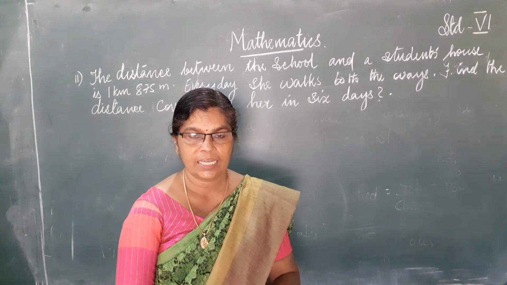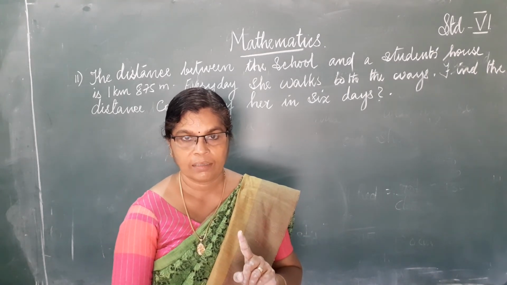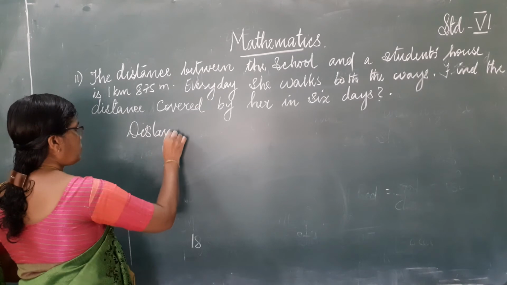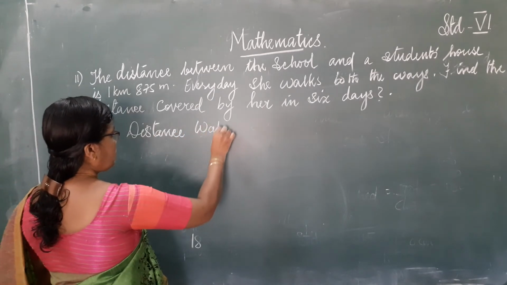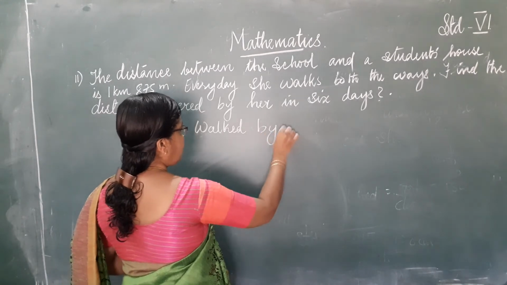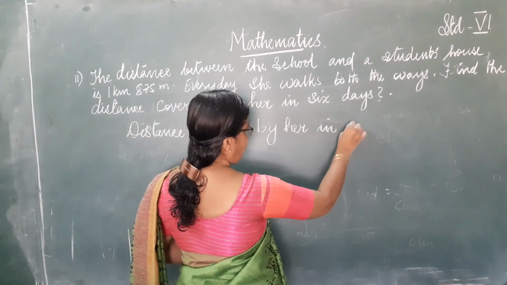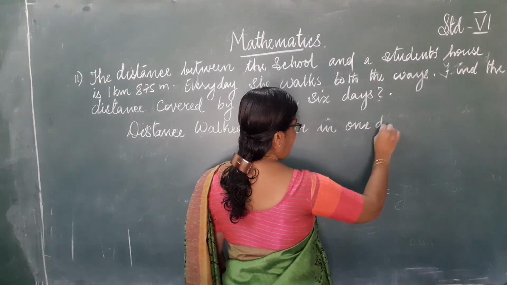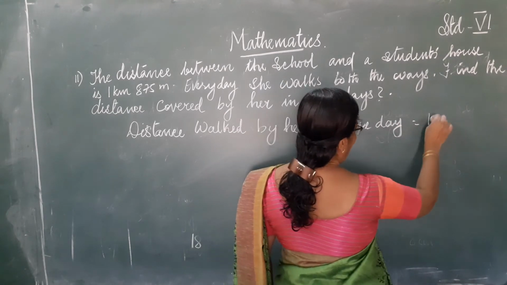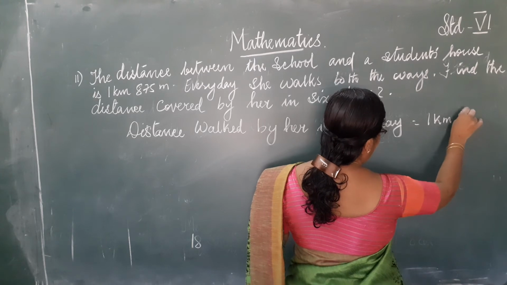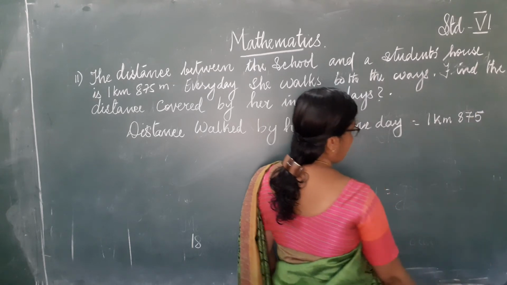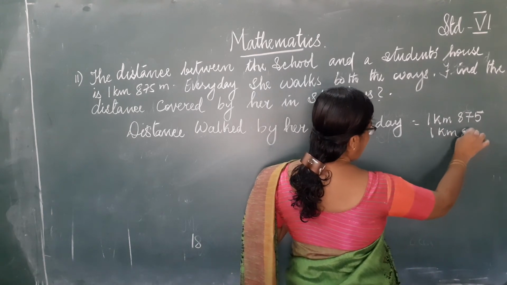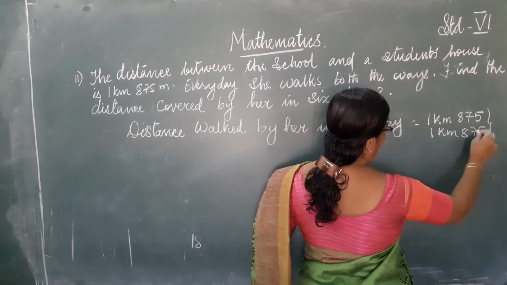Now let's see the distance walked by her in one day: 1 kilometer 875 for coming, then going also again 1 kilometer 875.